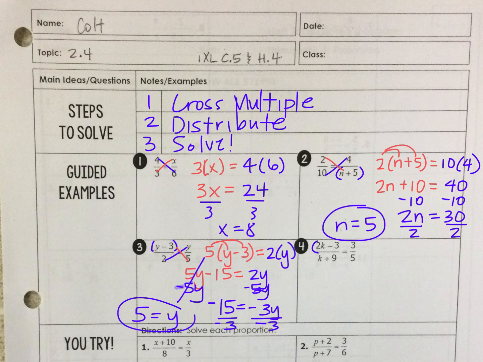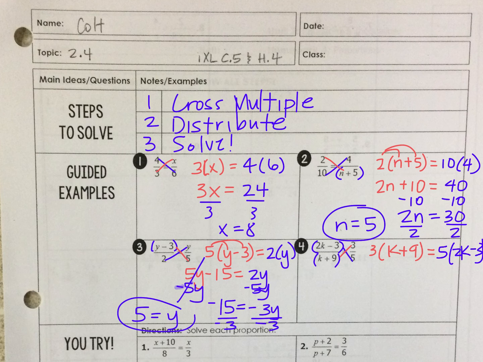One more practice. Let's go ahead and put parentheses around these guys and draw my X. Oh, sorry. There we go. All right. So the 3 is connecting to the k plus 9. Write my equal sign. In the purple line, the 5 is connecting to the 2k minus 3.